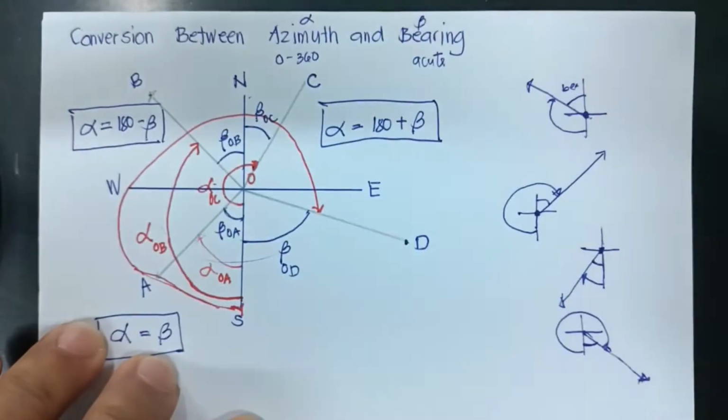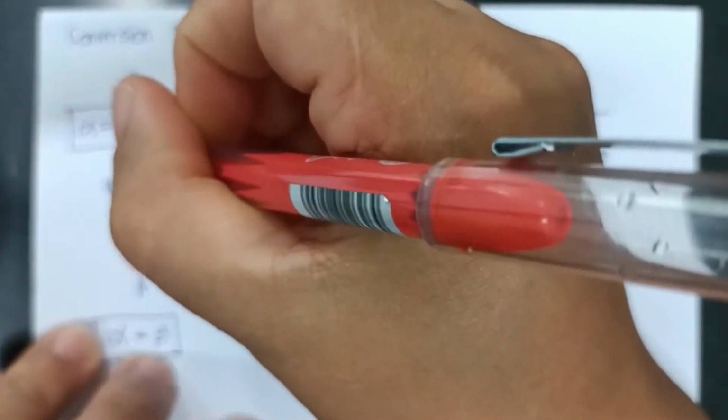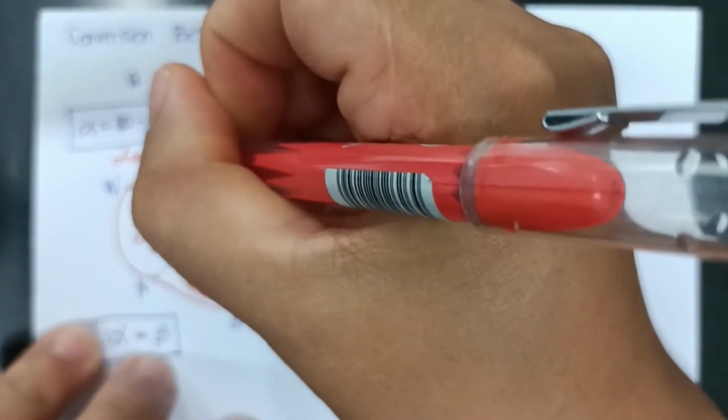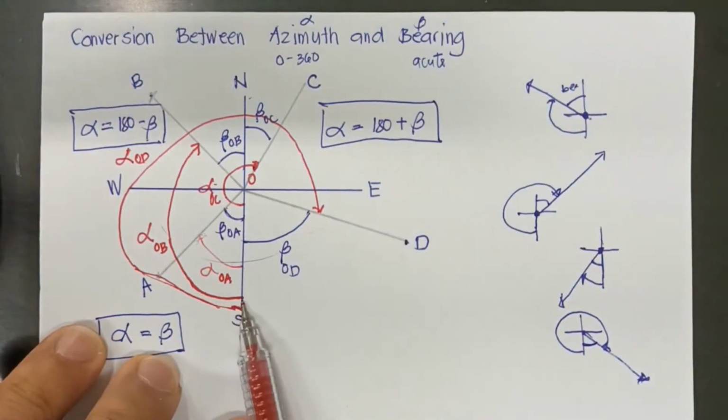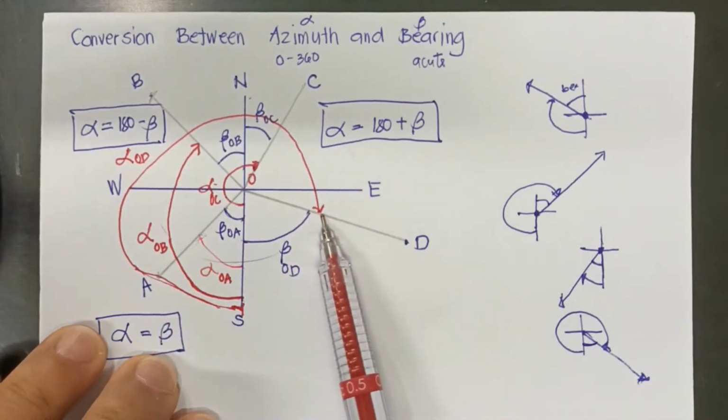Sorry for my drawing. That is the azimuth OD, from the south branch of the meridian going in a clockwise direction towards the line.